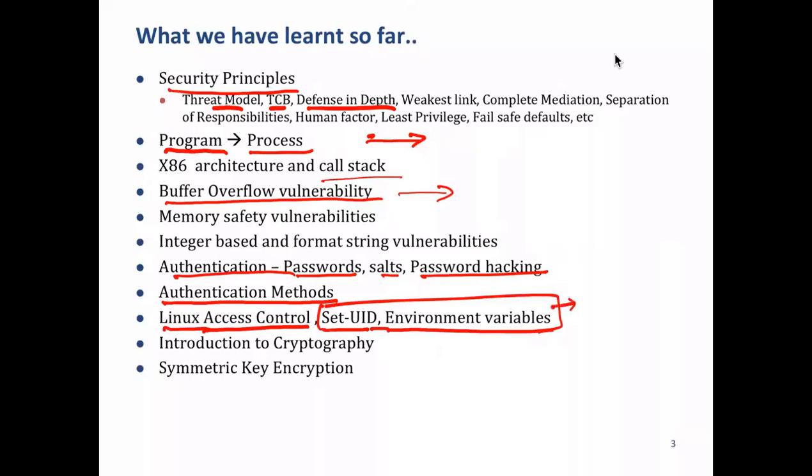If you're running Linux programs, set UID can cause a lot of problems in security if you're not attentive about it. Environment variables, of course, can be there in any OS. There are default environment variables available which we should be aware of.